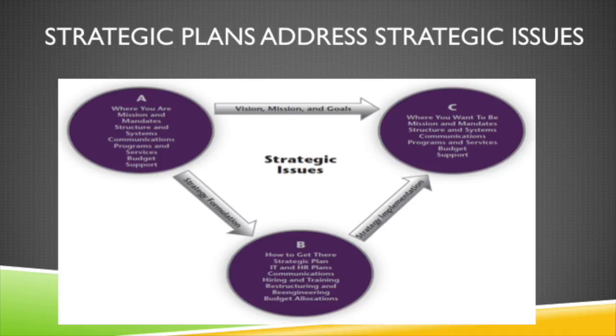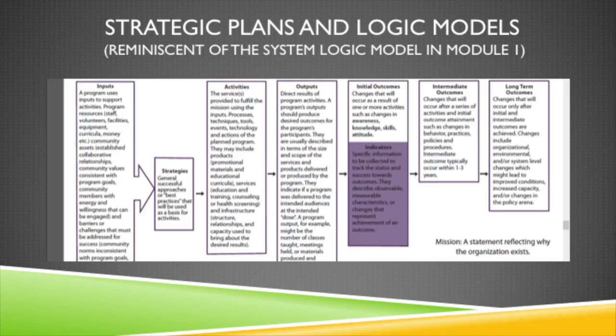Strategic plans and logic models are important tools to meet the organization's mission. This is a diagram of a logic model. You can see that on the far left, we identify the resources, inputs, that can drive the activities that can lead to the outputs that we're expecting to lead to initial, intermediate, and long-term outcomes.